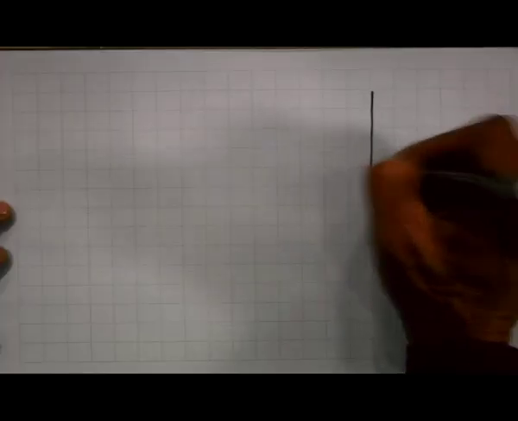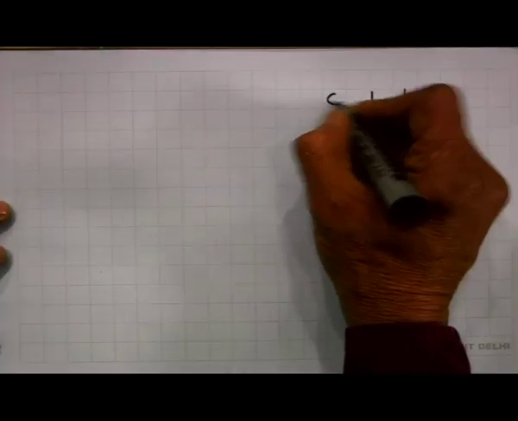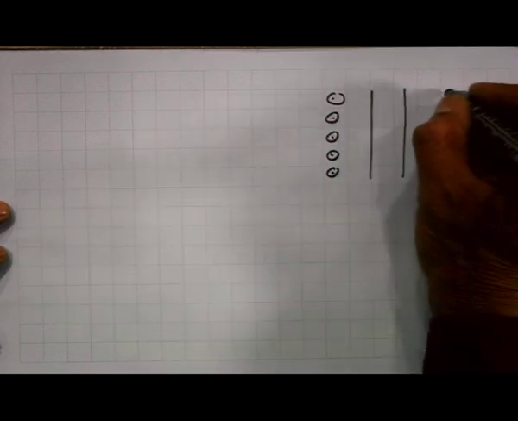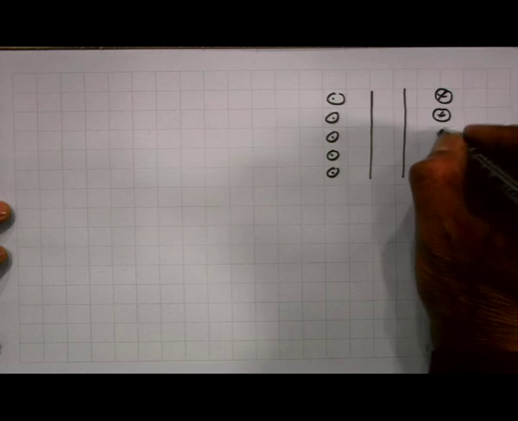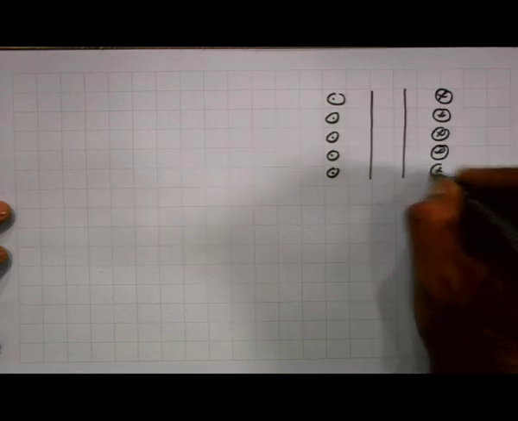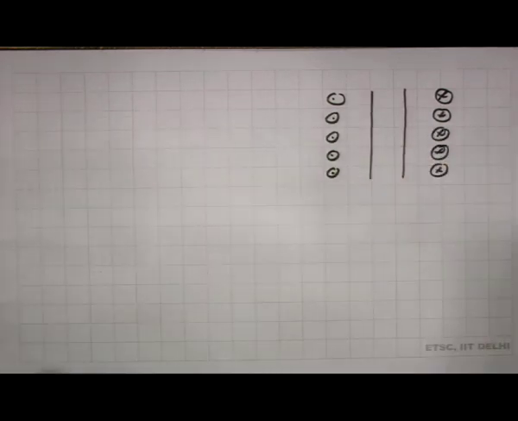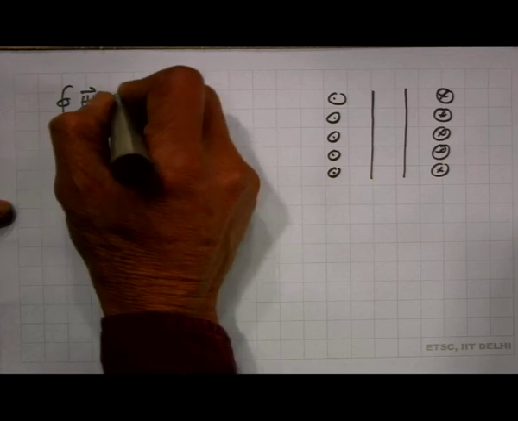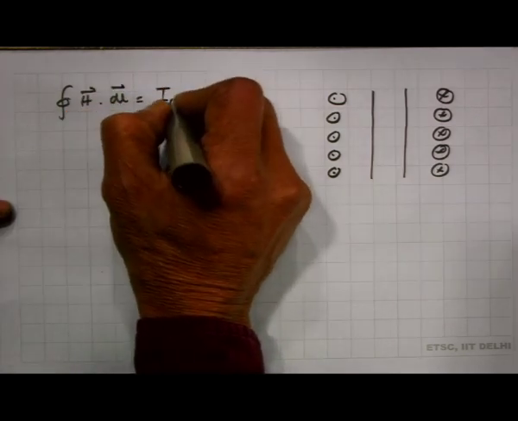This is the inside material and my current carrying conductor is here. Now, I want to take a loop like this for calculating this integral, the integral of H dot dl equals I free enclosed.